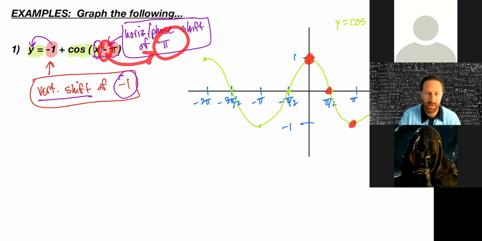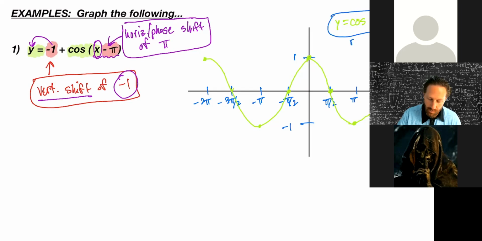We're doing the opposite, right? And then down 1. That's it. We are literally just shifting the original graph right pi, down 1.